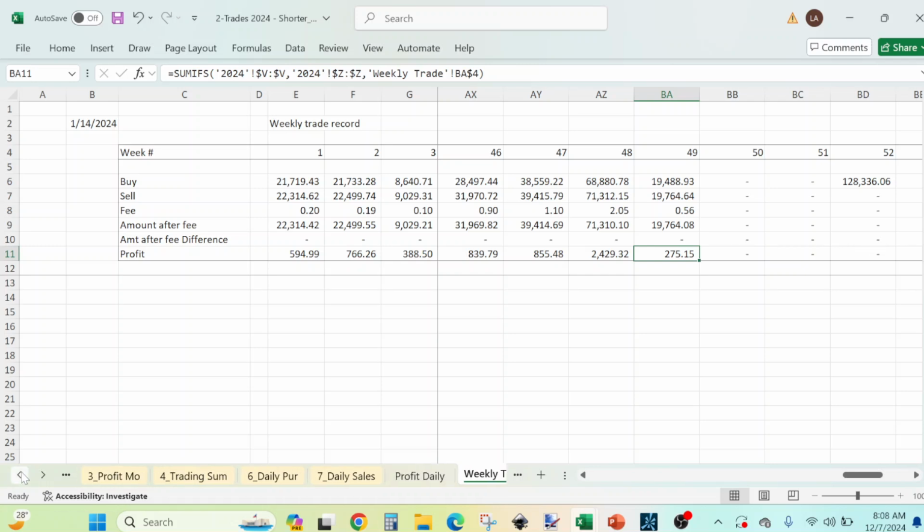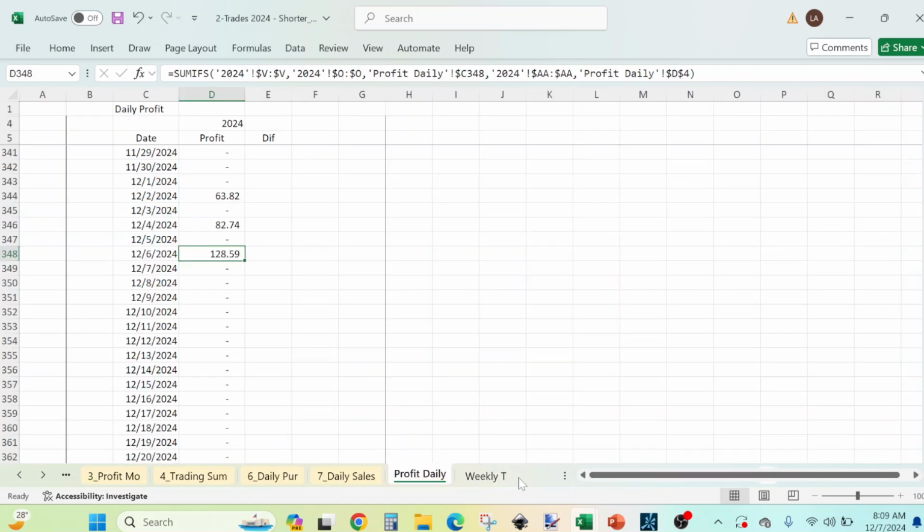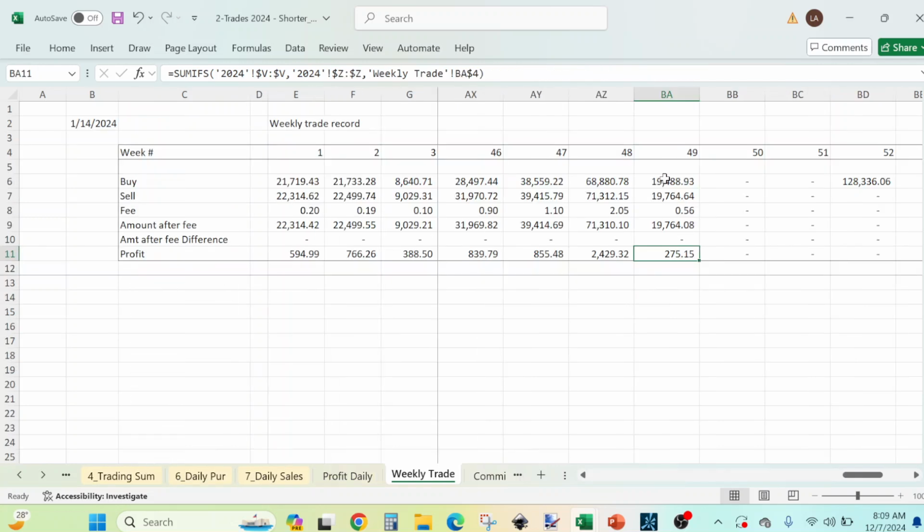Let's go look at the profit of the week. It's giving us this. I'm curious to see what kind of purchase we are pulling, but clearly it is in relation to what we sold.